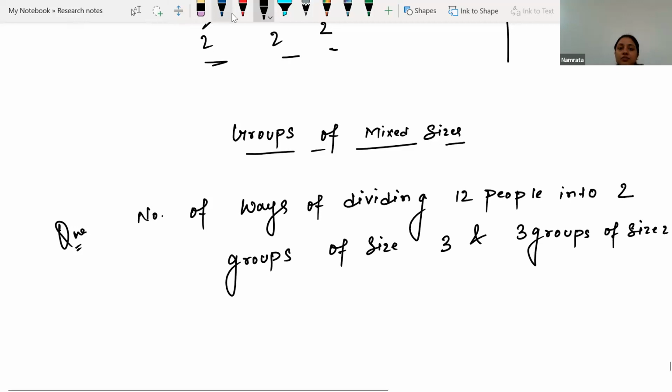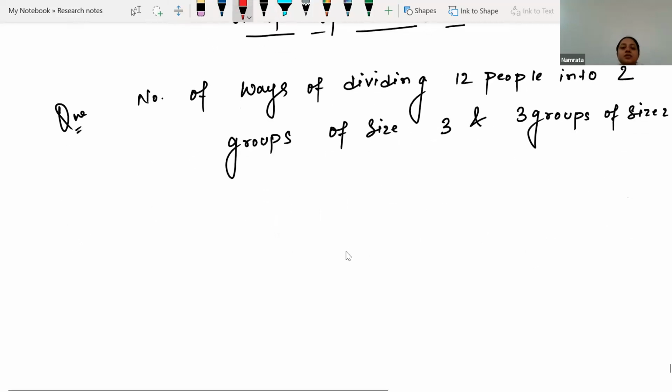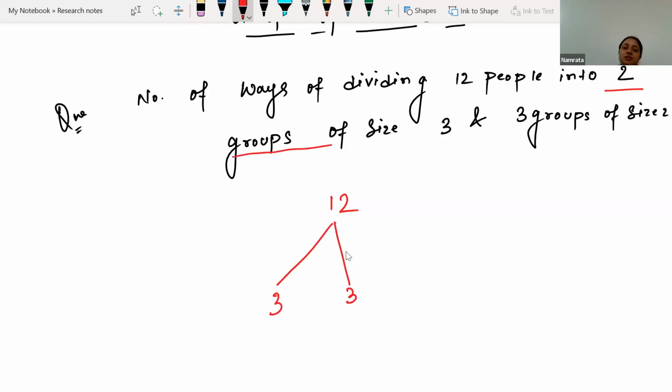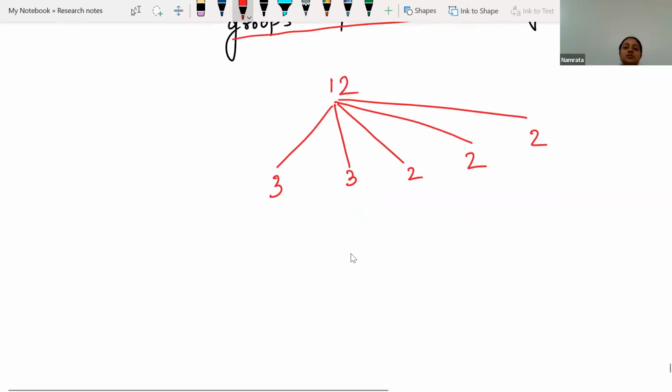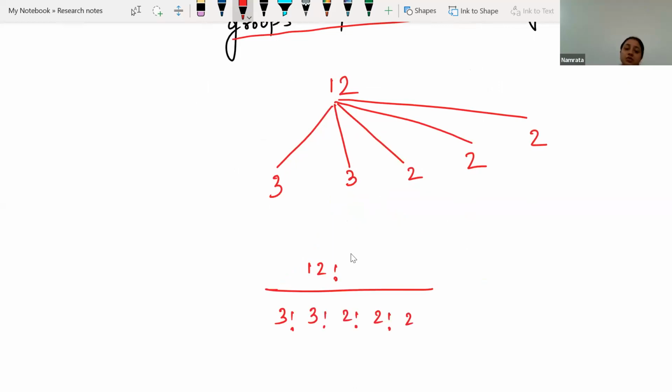If you read the question carefully, 12 people are there and we are dividing them into two groups of size 3, and then three groups of size 2. If you apply the direct formula, it says 12 factorial over 3 factorial, 3 factorial, 2 factorial, 2 factorial, 2 factorial.